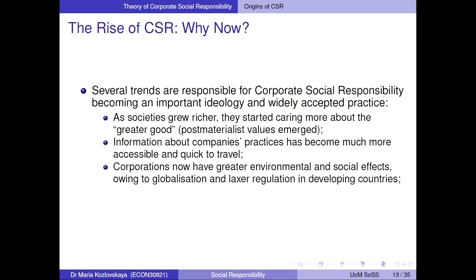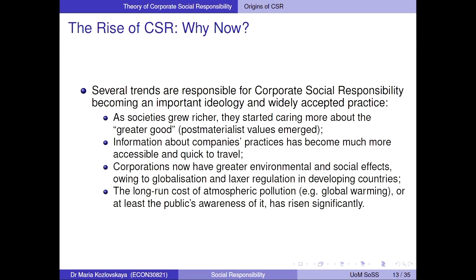Moreover, as corporations grew bigger, even though concentration of business now isn't quite as strong as at the turn of the 20th century, when, for example, Rockefeller controlled 90% of the oil market. It's not the case anymore for Standard Oil's successors. Still, corporations do have greater effects on the environment and the society than they did 200 years ago, let's say.